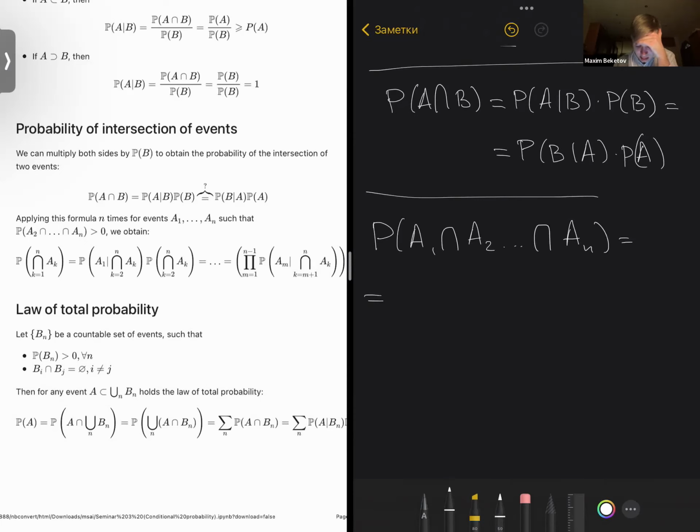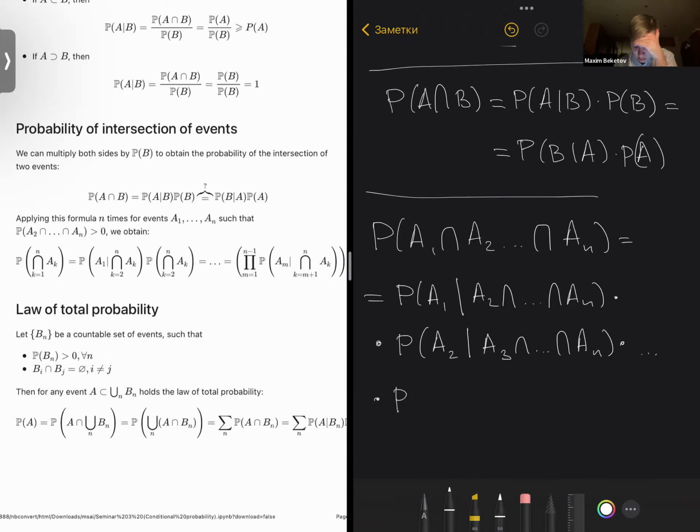So it is the probability of A1 conditioned by the intersection of A2, A3, and so on, AN, times the probability of A2 conditioned by A3 and so on up to AN, times and so on, times the probability of the next to last one, N minus first, given the last of them, times the probability of the last one.